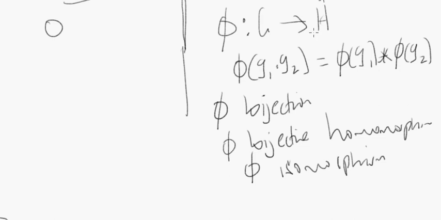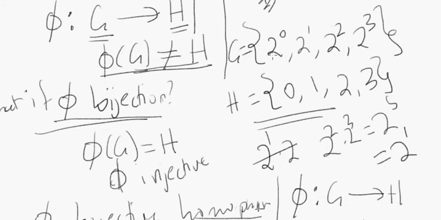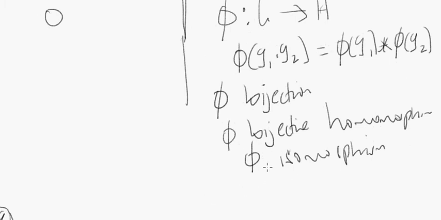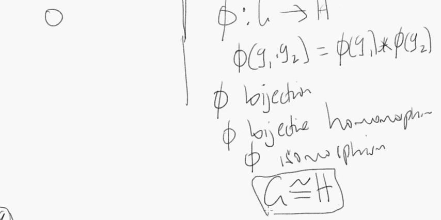It looks different, kind of like here. This group and this group look different, but they're essentially the same. So if phi is an isomorphism between G and H, we write that G is isomorphic to H. Isomorphic kind of means equal, the two groups being equal.